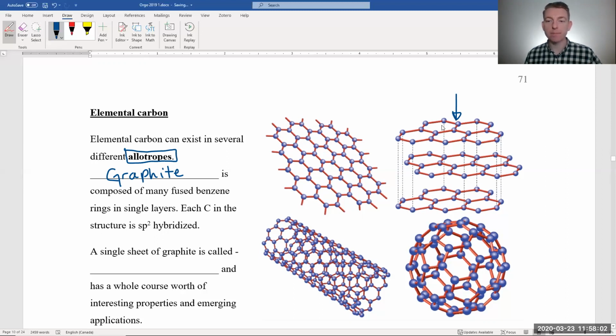So these are aromatic hydrocarbons, more carbon than hydro in these cases, where it's just sheets and sheets and sheets of stacked layers. Interestingly, people have been doing this a long time, but we only just recently realized that we could delaminate some of these layers and just pull off a single sheet of these fused benzene rings. So this is called graphene.